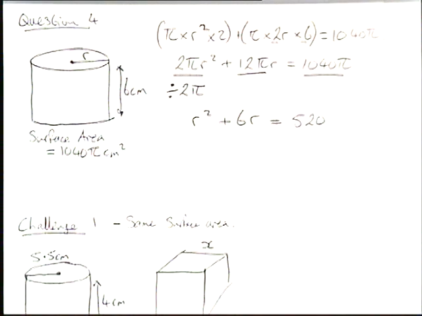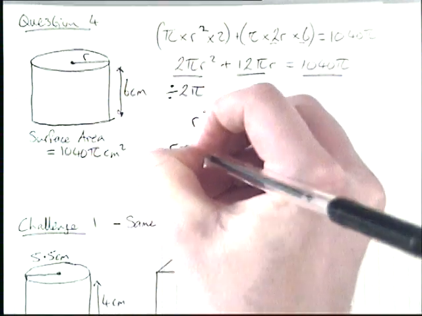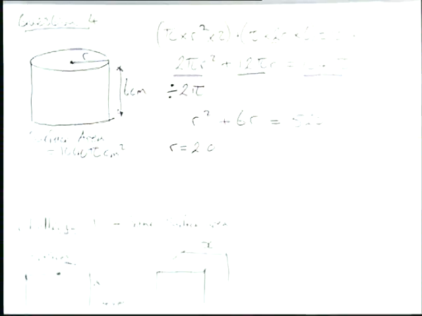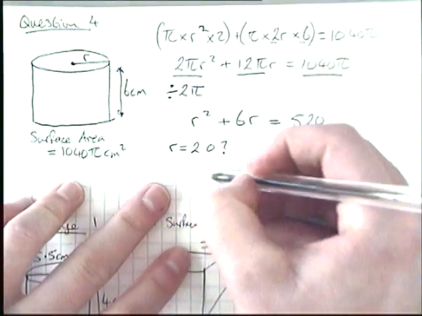So now what we're going to do is substitute in values for r until we get a value that equals 520. So I'm going to start with r equals, what should we reckon? r equals 20, I reckon, would be a good starting point. So does r equal 20? Let's see.